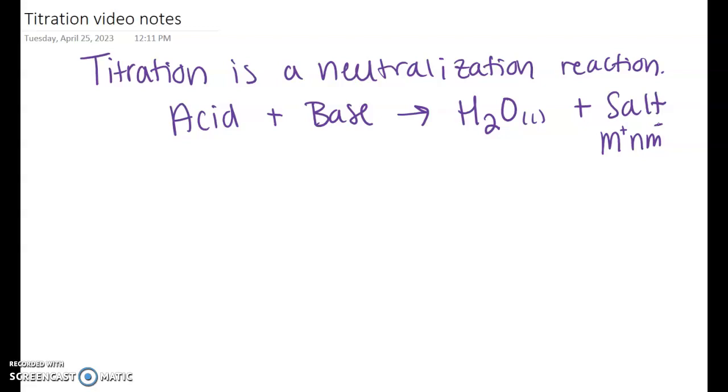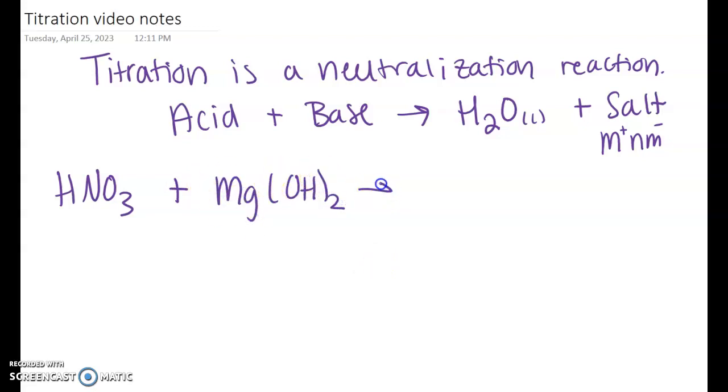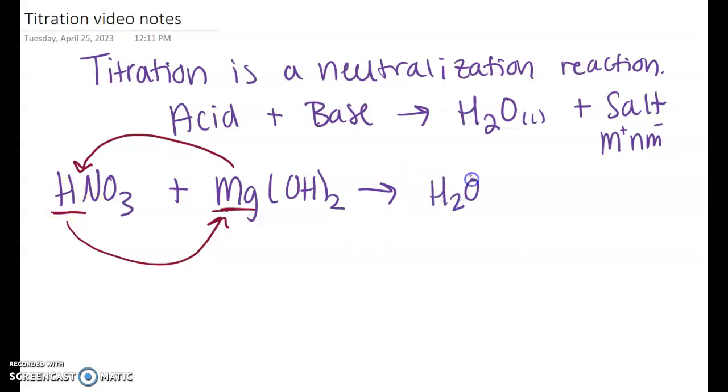So let's look at an example. I have a strong acid, HNO3, reacting with a strong base, magnesium hydroxide. When I go to write up my products, my cations are hydrogen and magnesium. They're going to undergo a double replacement reaction. And we're going to produce H2O because hydrogen is going to bond with hydroxide and produce water.